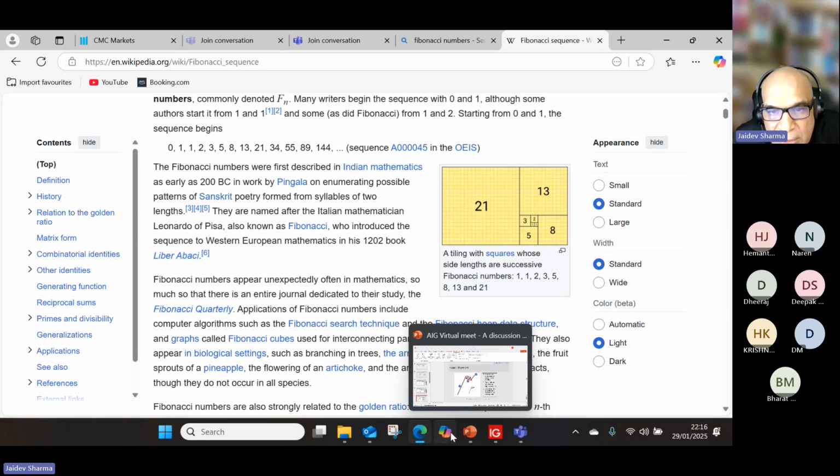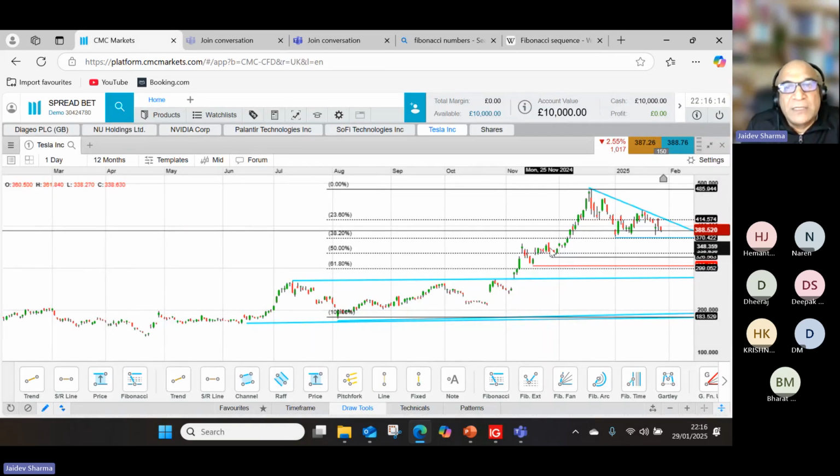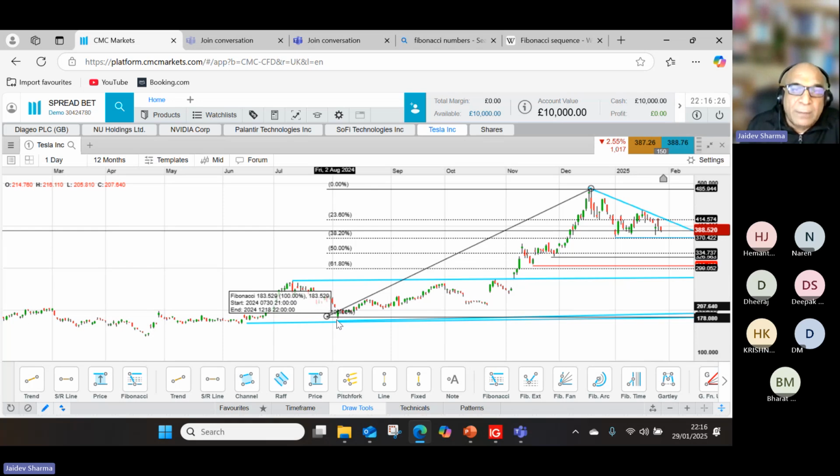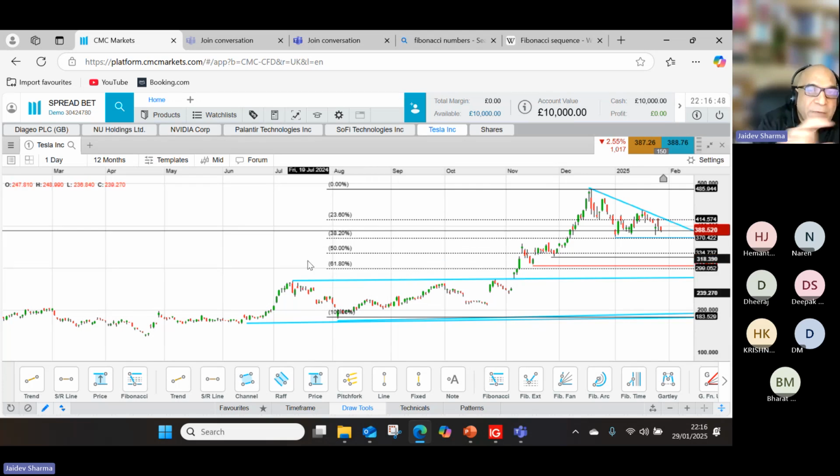Coming back to the charts, most of the chart platforms have given you a tool called Fibonacci and Fibonacci extension. So what this Fibonacci tool does is, in any chart, when you pick up a low point and the high point of the chart and connect the two, it creates these points for you. So 0 and 100 are the two endpoints. Then it creates 1, 2, 3, 4 extra lines for you, which are basically a representation of the ratios of the Fibonacci numbers.